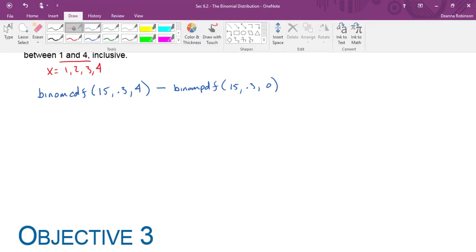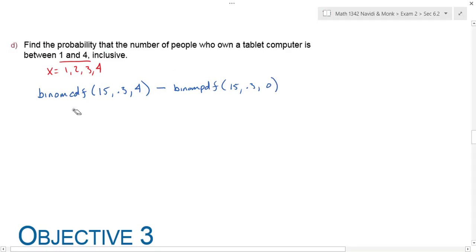Now let's talk about why this works that way. The binomial CDF is the probability of 0 plus the probability of 1 plus the probability of 2 plus the probability of 3 plus the probability of 4. This whole thing right there is the binomial CDF.